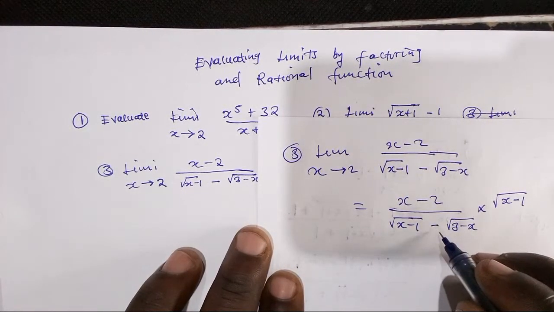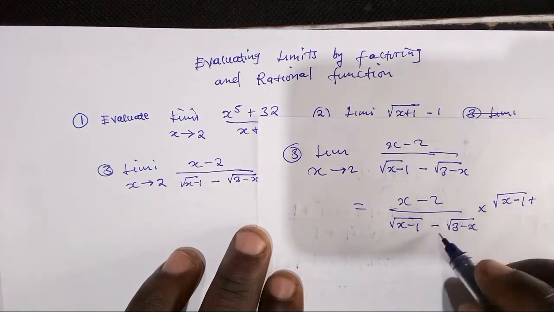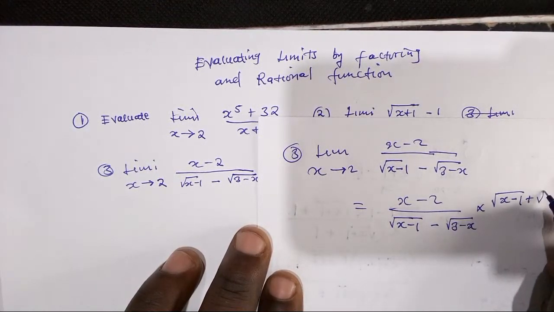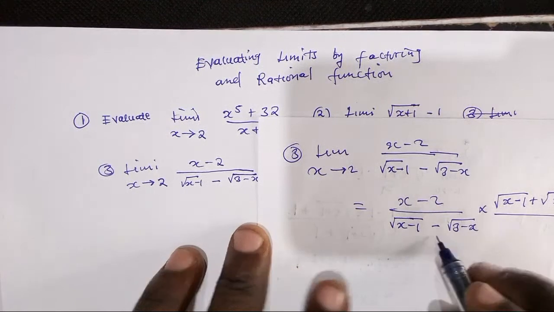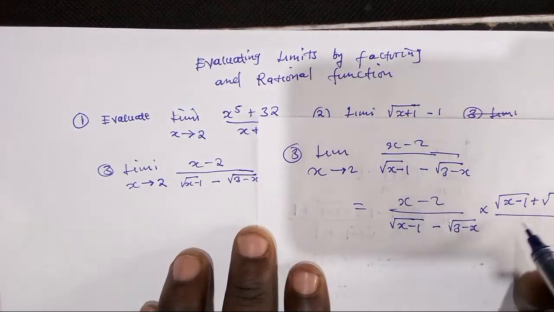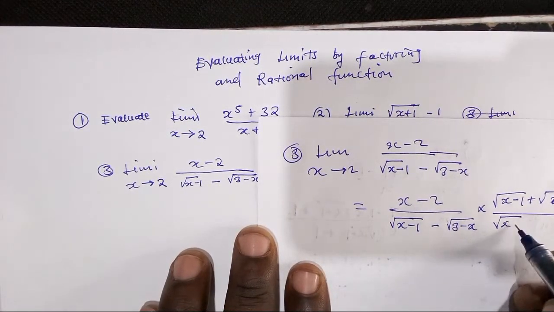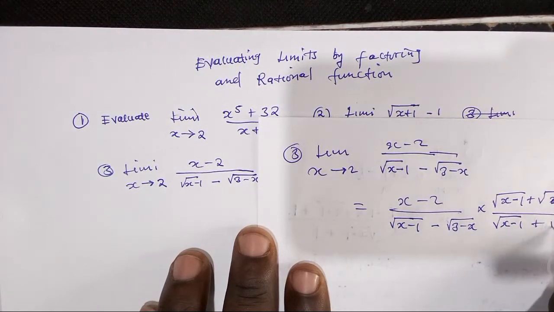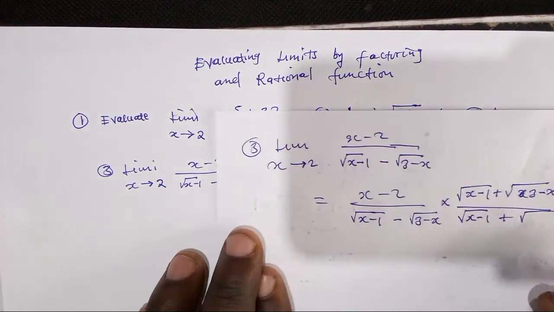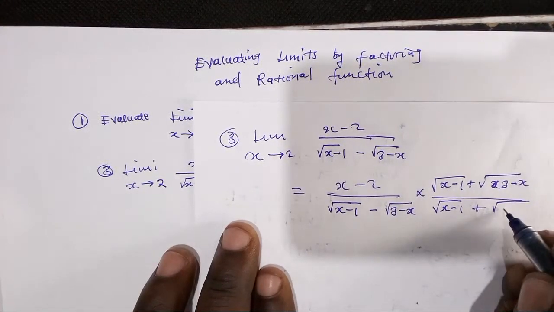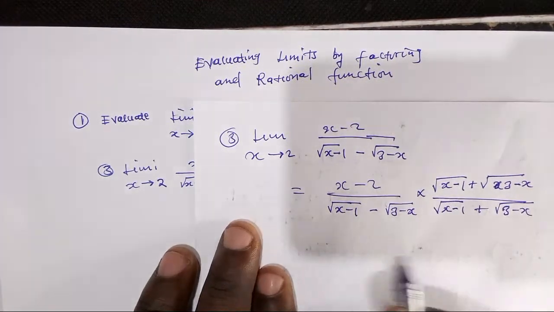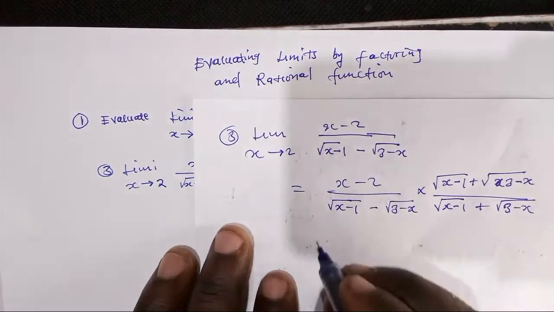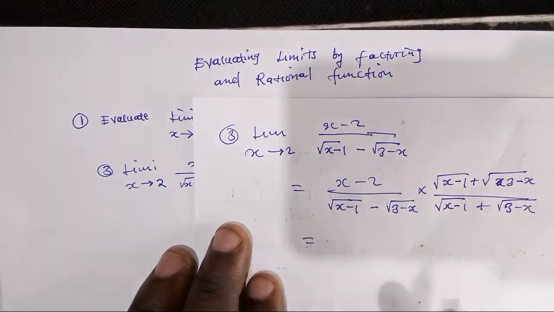Here where this is negative, it will be positive as the conjugate, then root 3 minus x, right? Then over, we are going to multiply by the same new conjugate, which is root x minus 1 plus root 3 minus x.